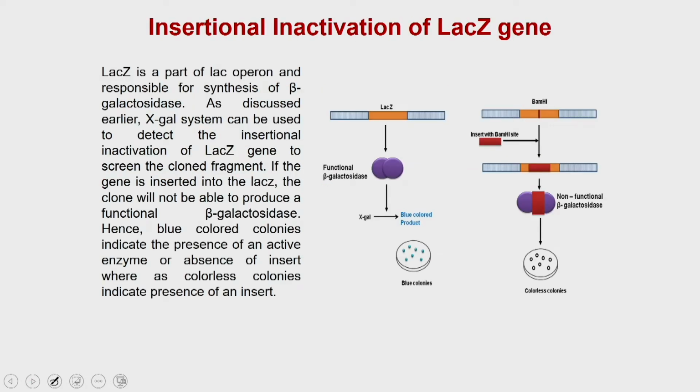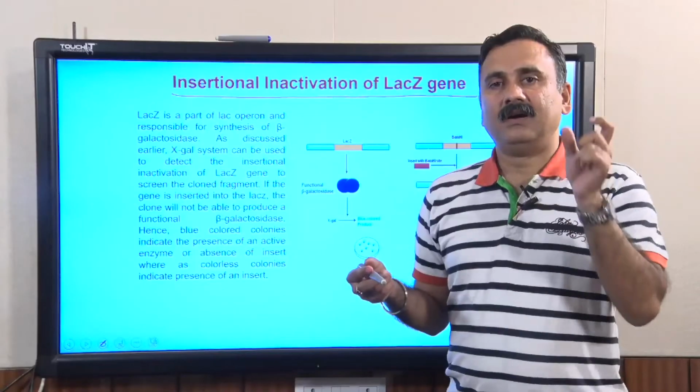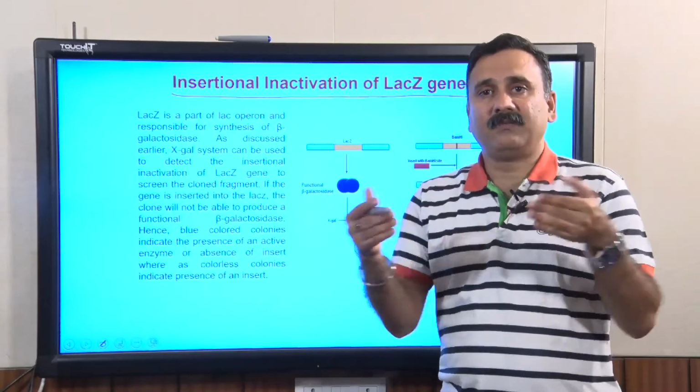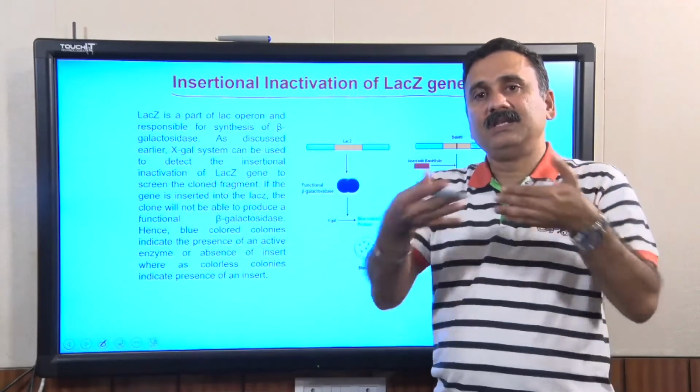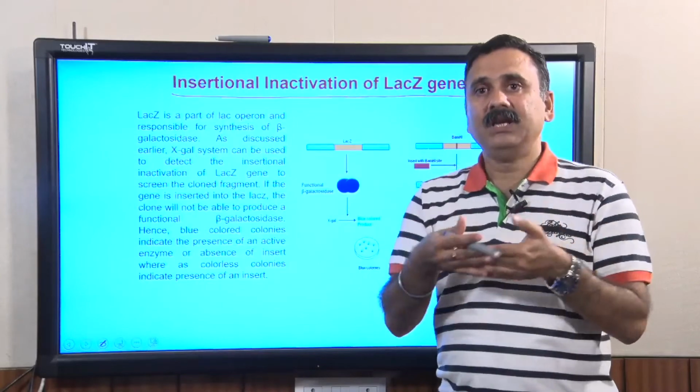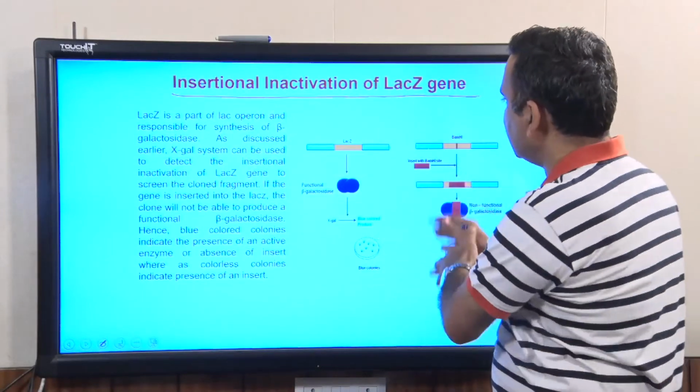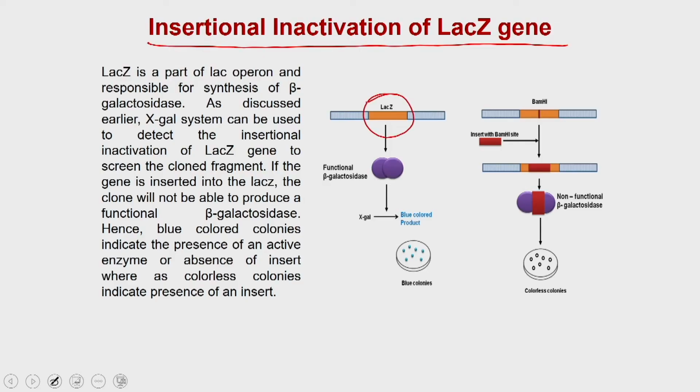So, the first is insertional inactivation of lacZ. This approach is exactly the opposite of what we have discussed just now, where we were using lacZ complementation. In this case, you have a functional lacZ on the vector, and that produces the functional beta-galactosidase, which processes X-gal to a blue colored product.